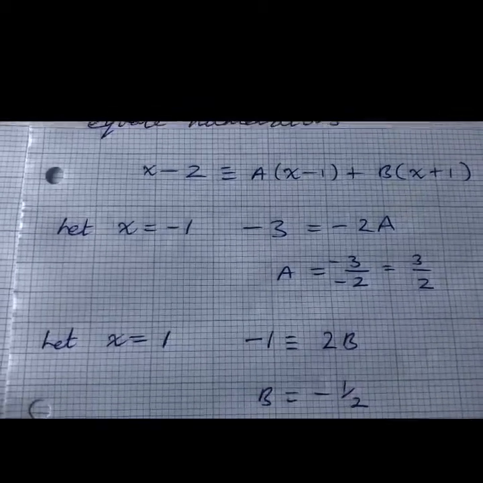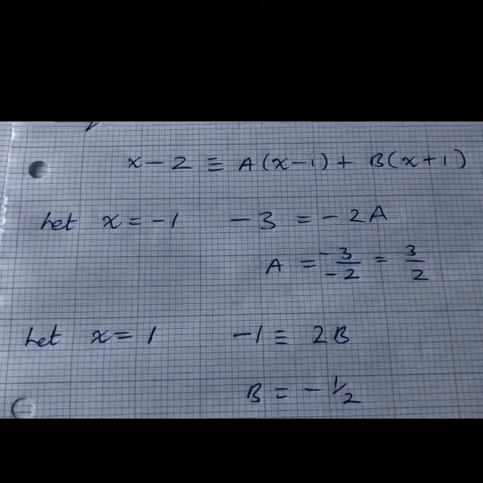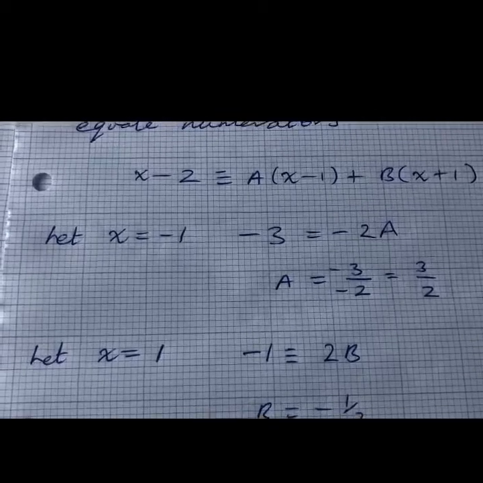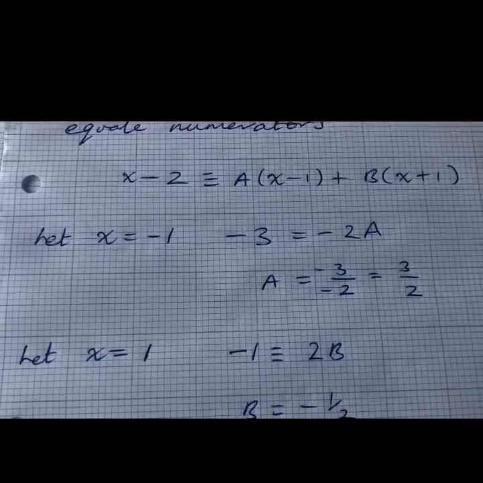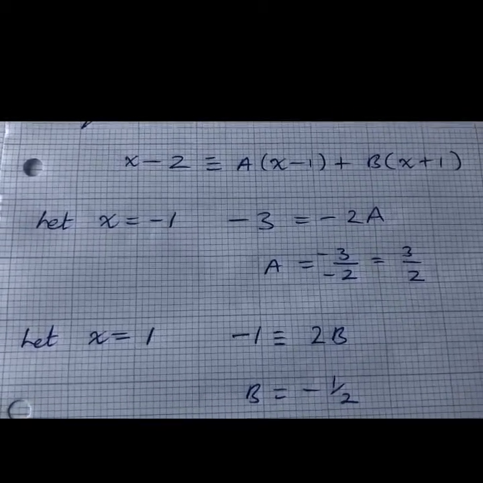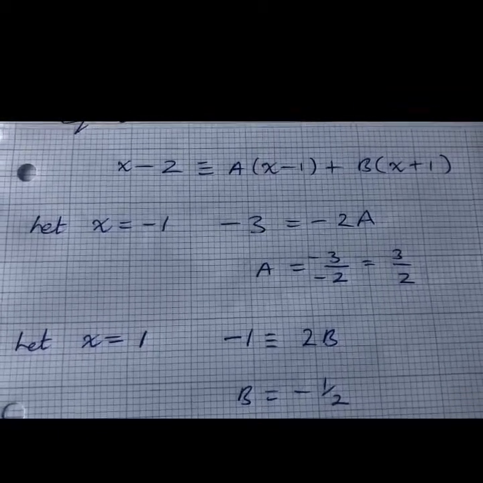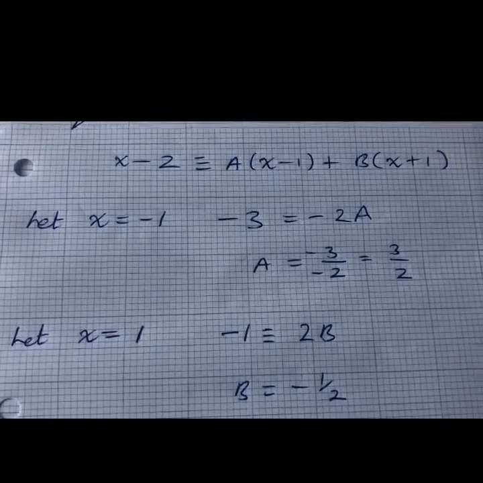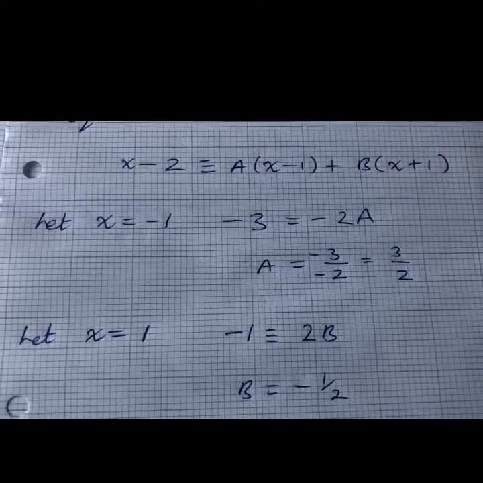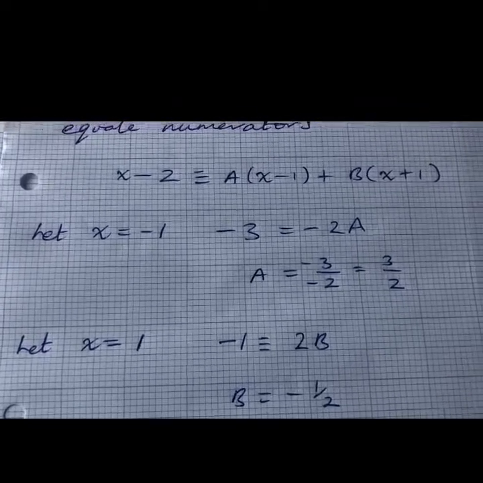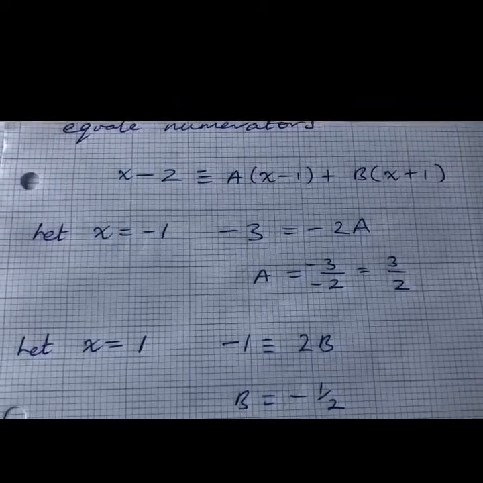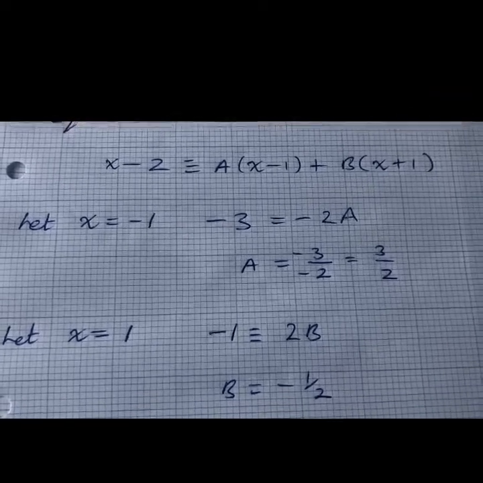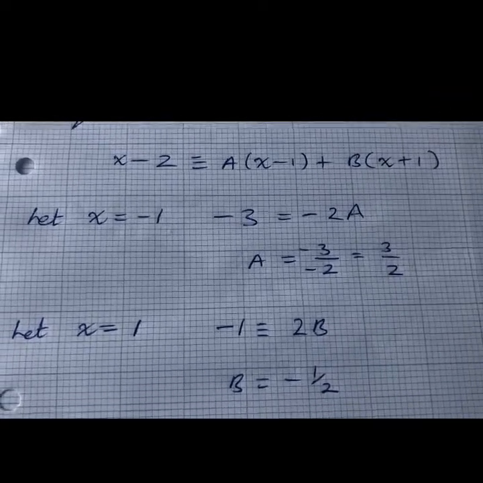And similarly, if I choose a sensible different value for x, I can cancel out the a term. If I let x equal 1, the equation becomes minus 1 equals 2b, and the a term cancels out. That allows me to work out that b is minus a half.